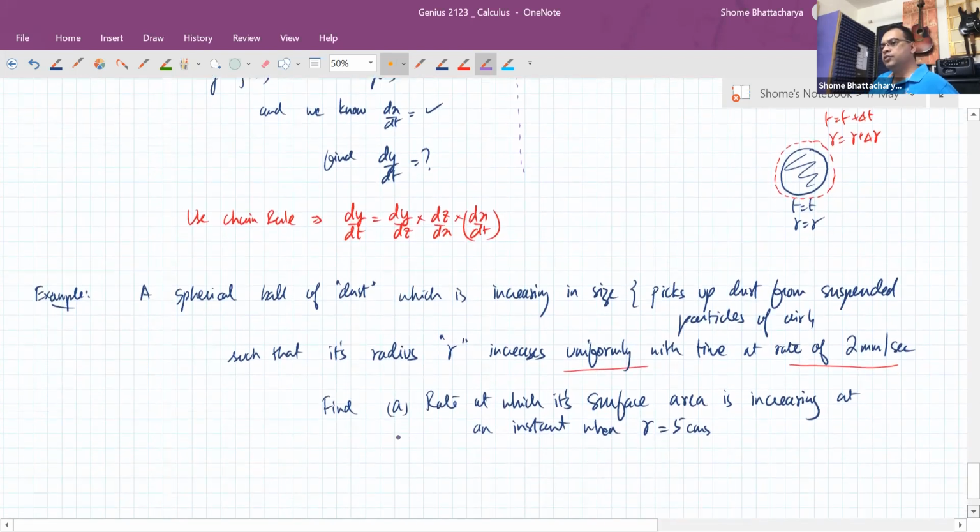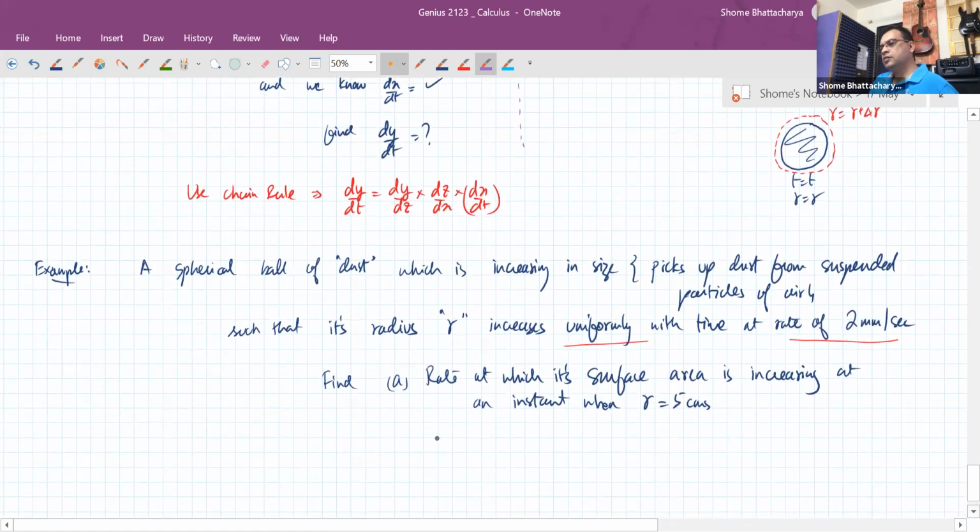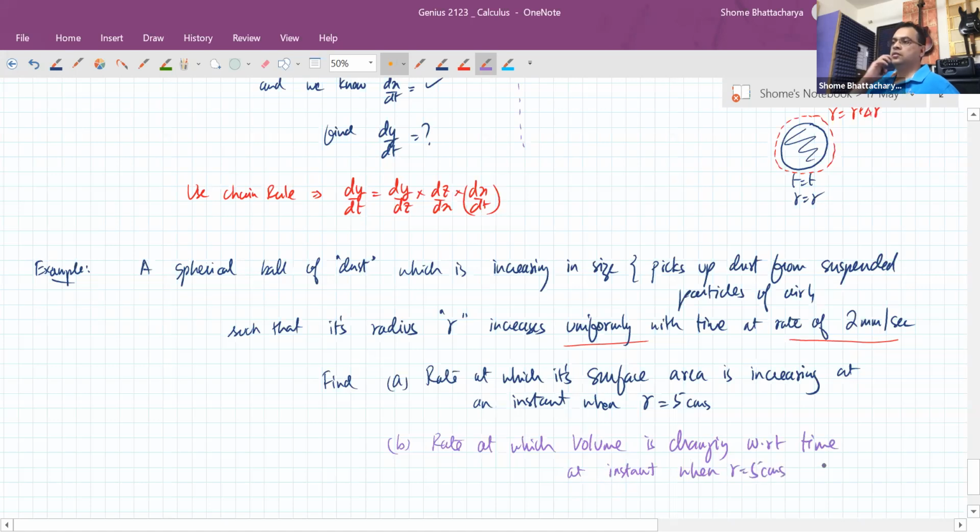And we'll do a second part where you have to calculate the rate at which the volume is changing with respect to time. Again, the same thing, at an instant when the instantaneous radius is equal to 5 centimeters, same instant.